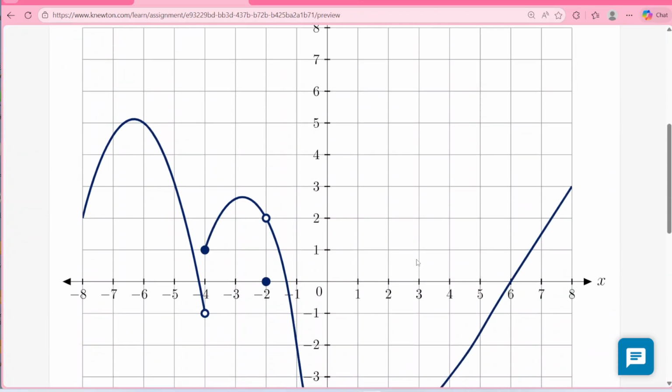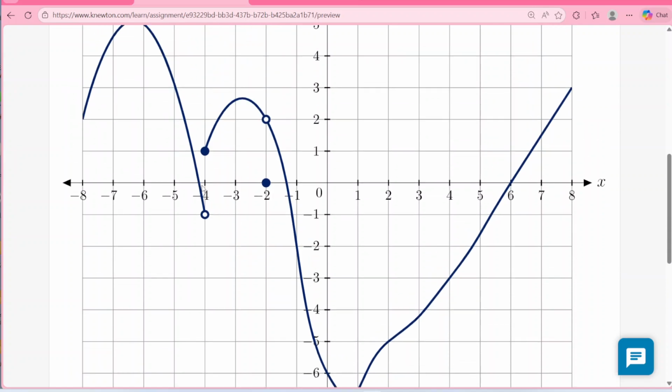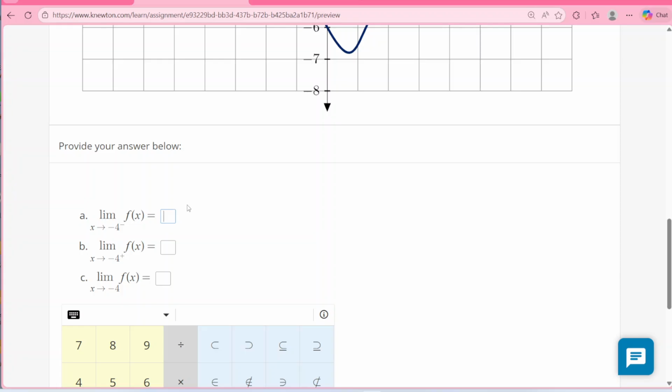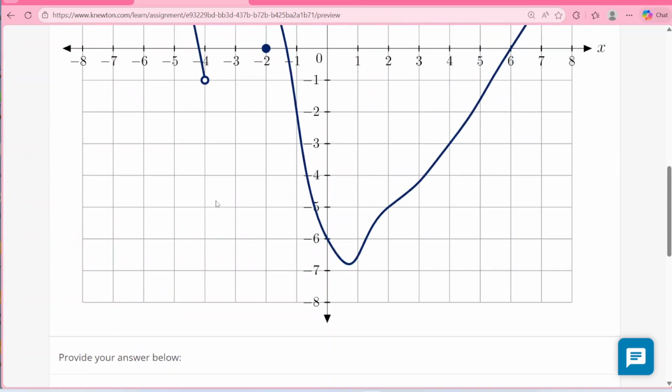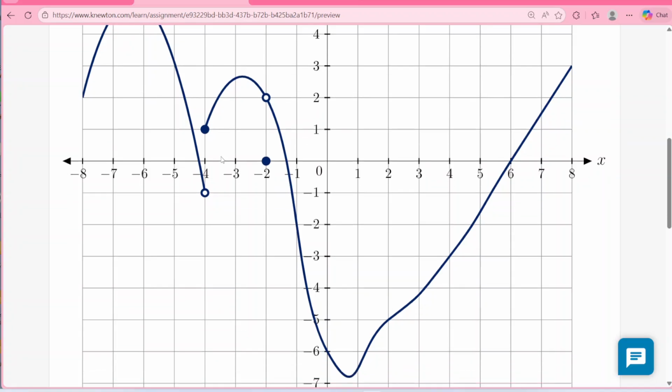All right, so another graphical one. So here it's negative 4. So as x approaches negative 4, so here's negative 4 on the x-axis. From the left side, we're approaching this open point, which has a y value of negative 1, right? So the left side limit is negative 1. And then the right side limit, to the right of negative 4, now you're approaching this solid point location with a y value of positive 1.